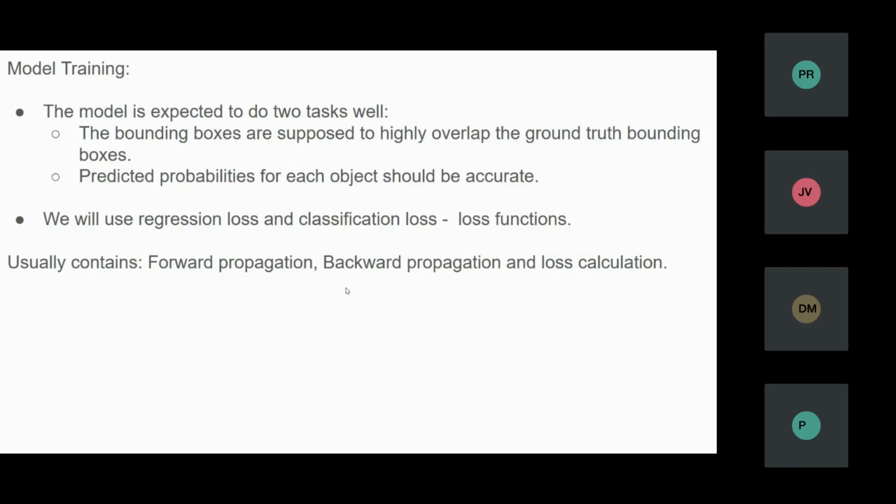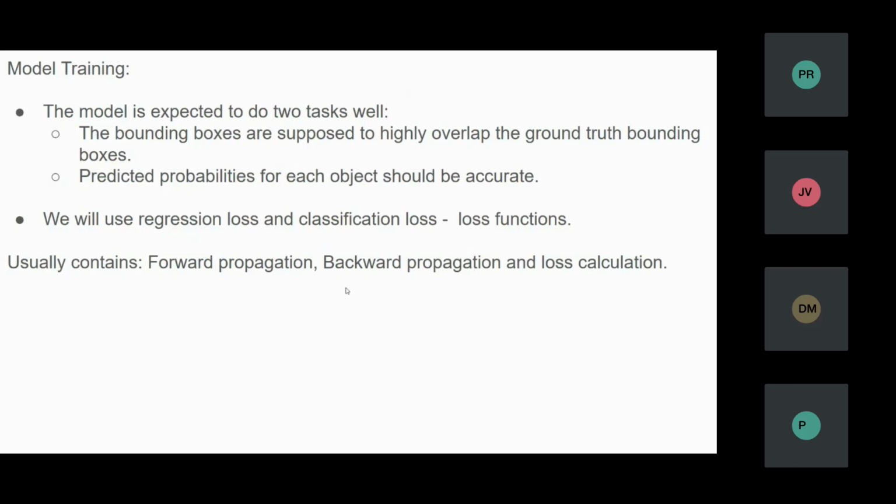Loss functions help us to measure the accuracy of the model and the accuracy of the output. In a CNN model, we have forward propagation, backward propagation and loss calculations. These are really mathematical operations as well.